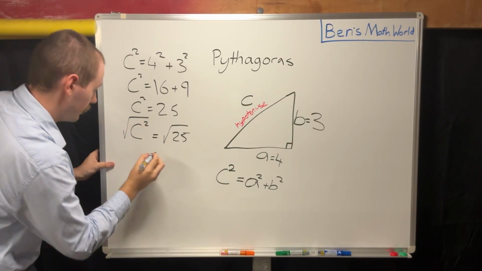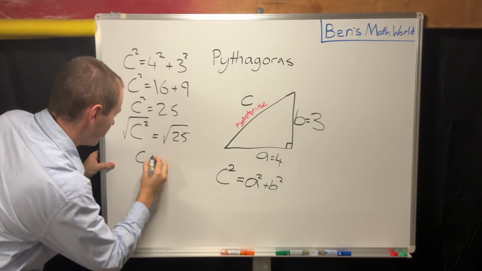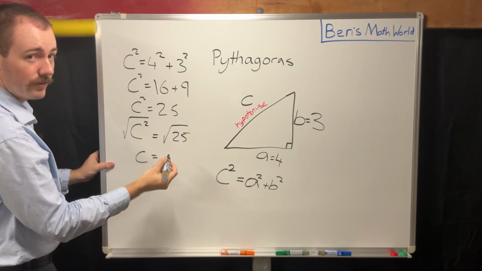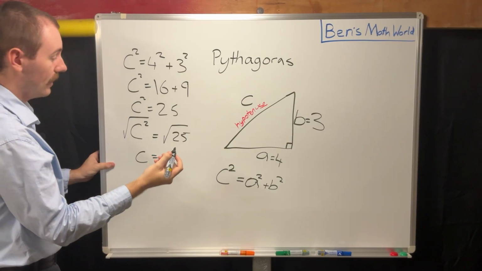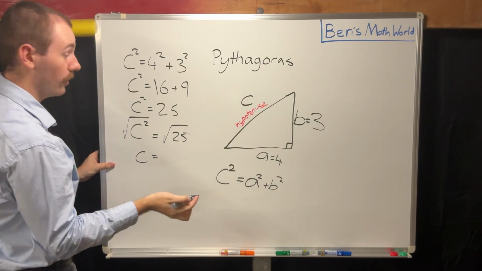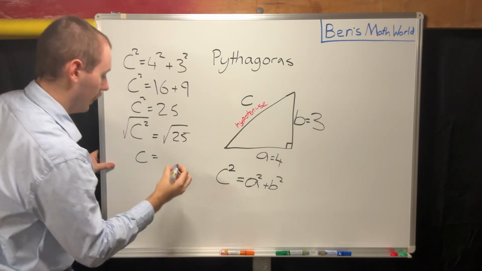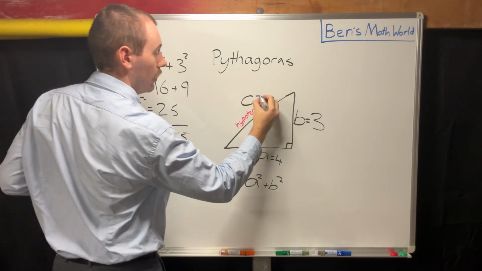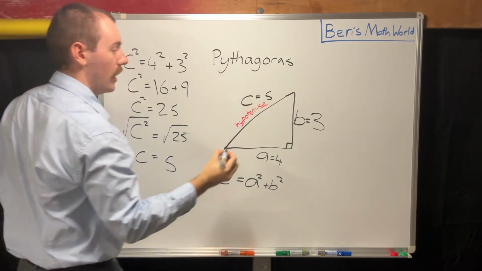And square root the C squared, that just becomes C. And now we have C is equal to square root of 25. Let's solve that. 5 times 5 is 25. So our square root of 25 is 5. And now we have solved for our length C here, which is equal to 5.